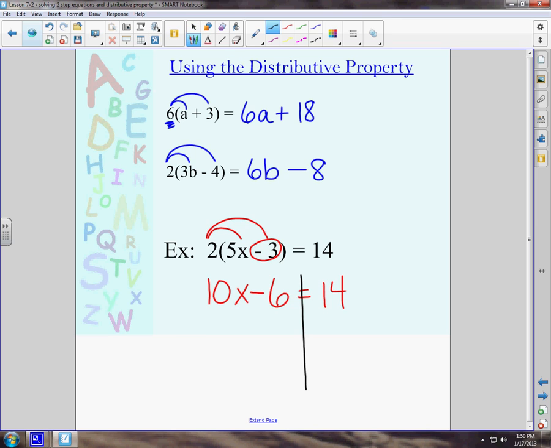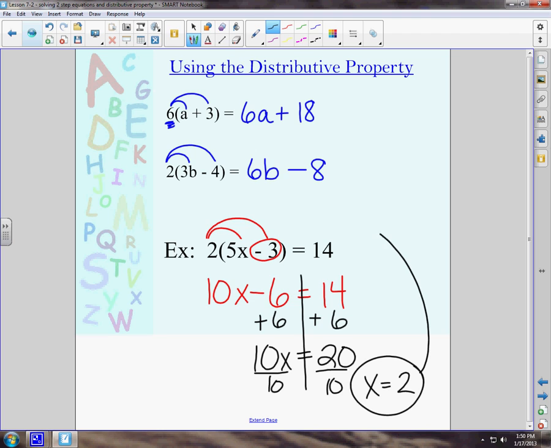So now I draw my line, I add 6 to both sides, so 10x equals 20, and I divide by 10, so x equals 2. And you can check your work. 5 times 2 is 10, minus 3 is 7. 7 times 2 is 14, so I got it correct.